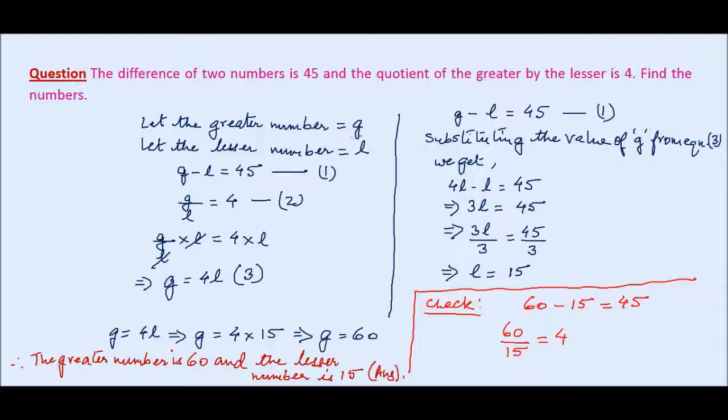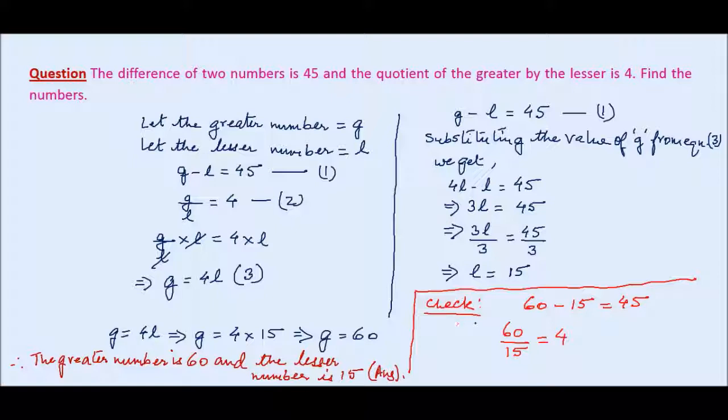And then form the two equations. Use any of the methods for solving simultaneous linear equations. You can choose the substitution method, the elimination method, or some other method. Take any method of your choice and solve the two equations to get the answer and do the checking.